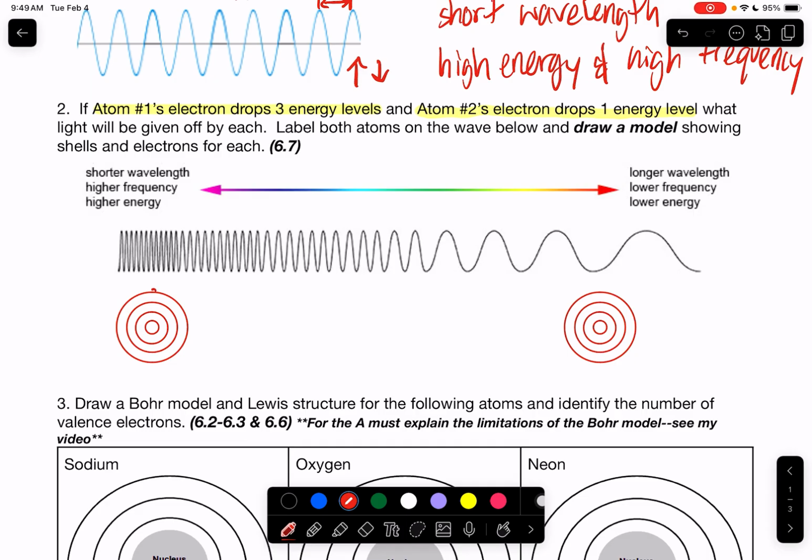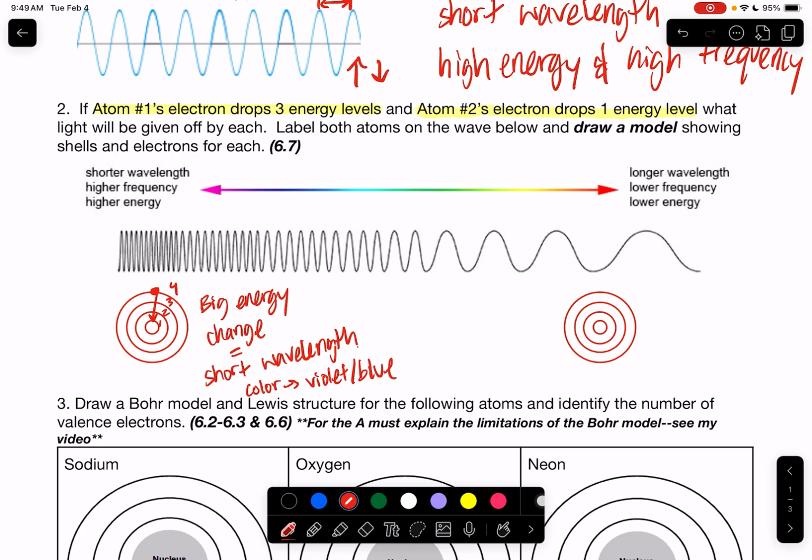So let me show this atom where it's, or the electron where it's starting. It's going to drop 3 energy levels. 4, 3, 2, 1. So 1, 2, 3. So it's going to go all the way down here. So this is a big energy change because it's going from level 4 all the way to level 1, which means it's going to have a short wavelength. That means we're going to see a color like violet or like a blue color here.